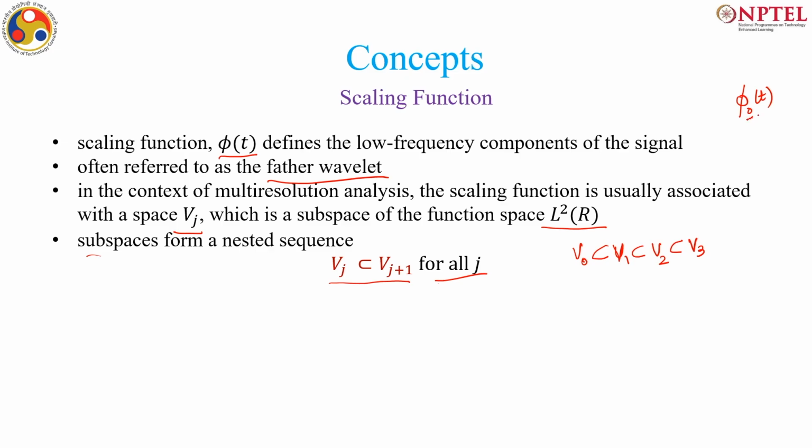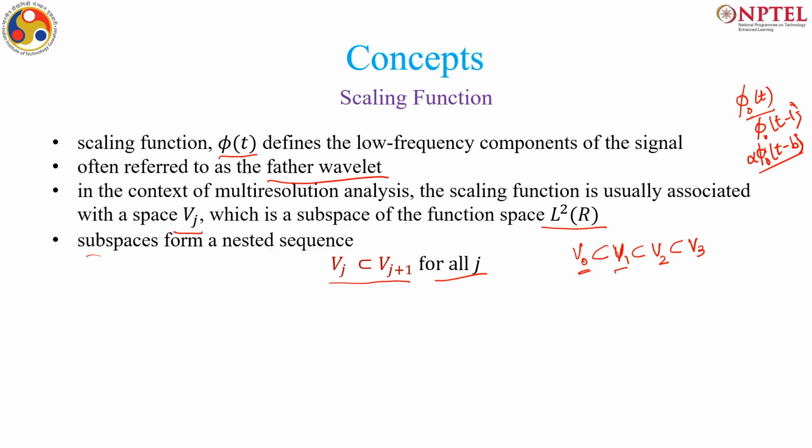So, all the translated versions and their linear combinations will form a signal space: phi naught t, phi naught t minus 1, similarly any alpha times phi naught t minus b, all these translations and their scalar multiplications make a set of signals which is denoted by this space V naught.